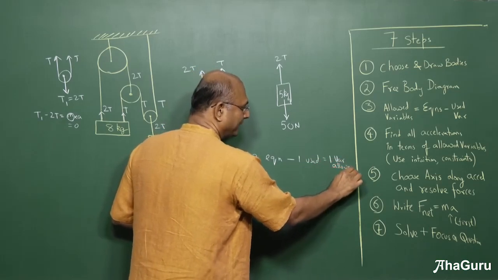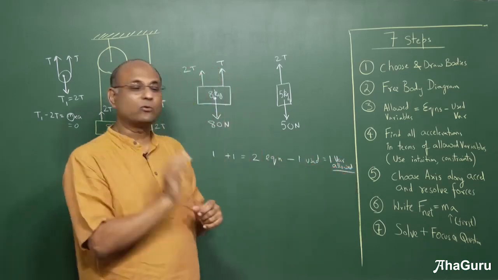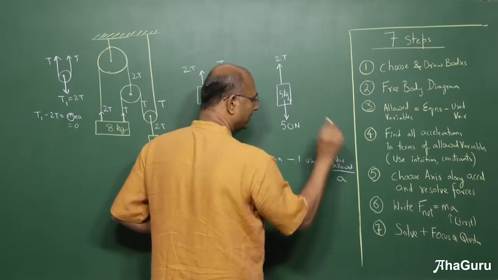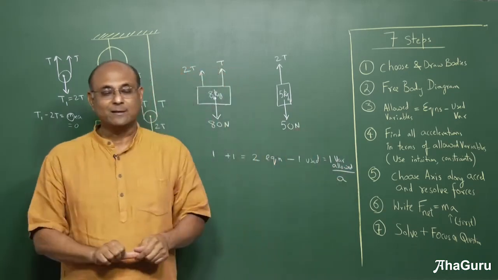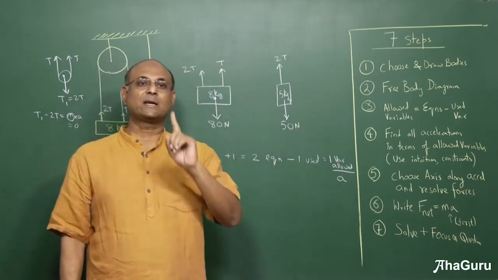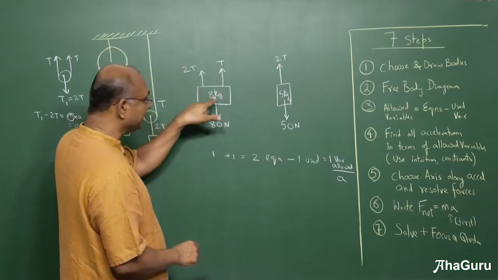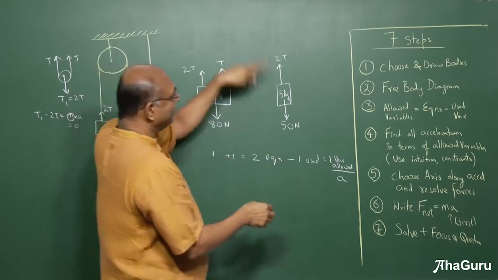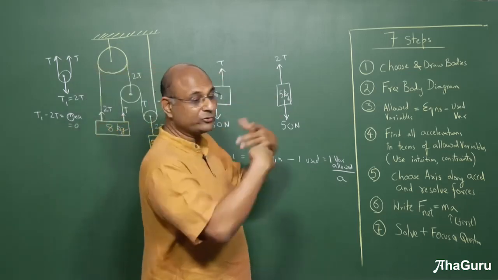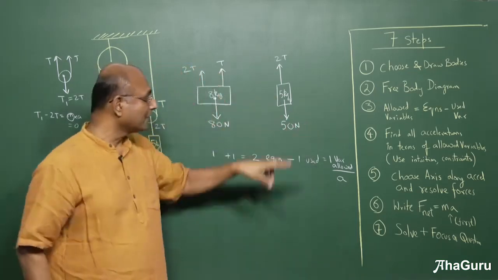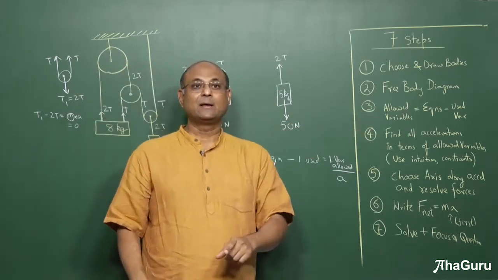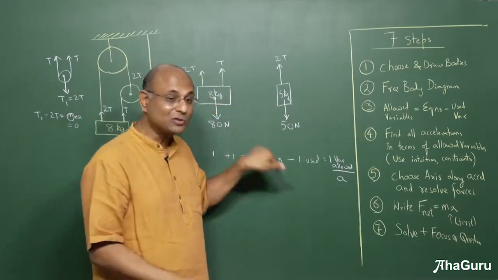So if 1 variable is allowed, that means you're only allowed to use A. You're not allowed to use B. So you can use one acceleration called A. But you see, I have to write net force for this block as 8 times A1 and net force for this one as 5 times A2. But you're not allowed 2 variables, because the third step is telling me that if you use 2 variables, you will not be able to solve.